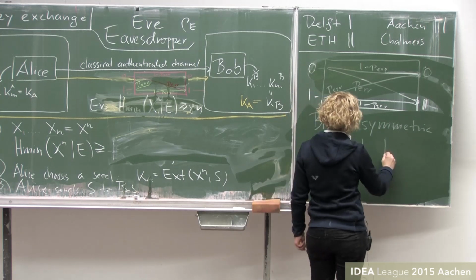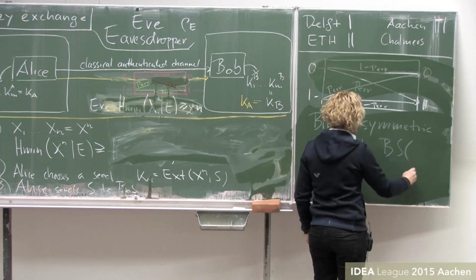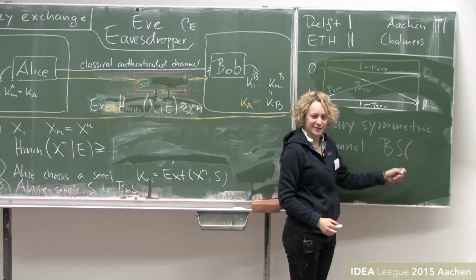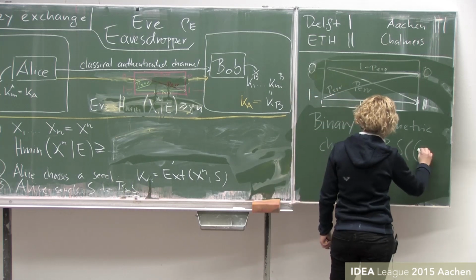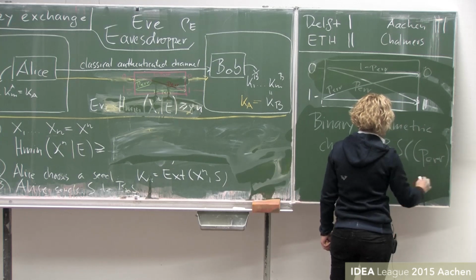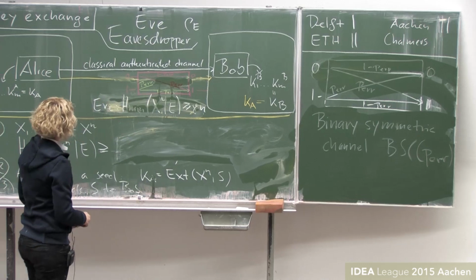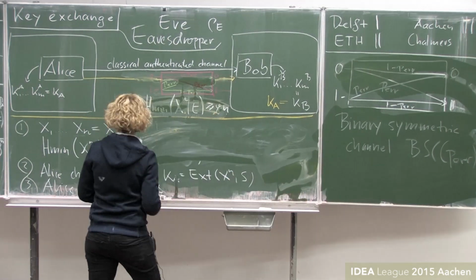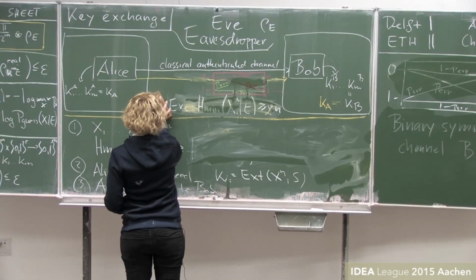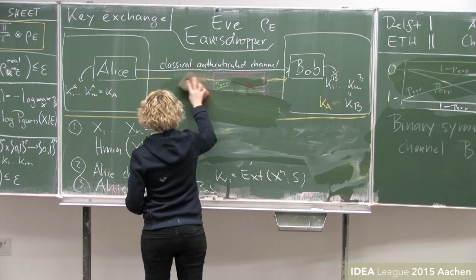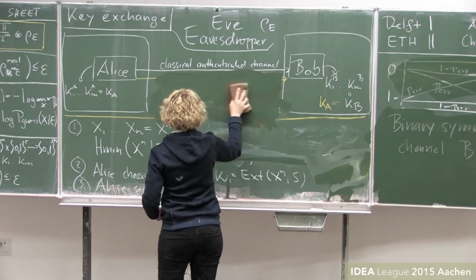And because people are lazy, this is also abbreviated as BSC, standing for binary symmetric channel. And we like to remind ourselves about this error probability, so I'll write it here.